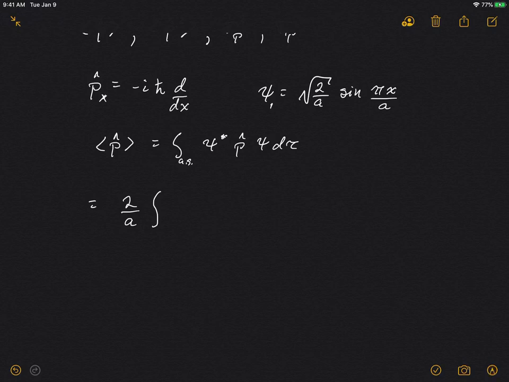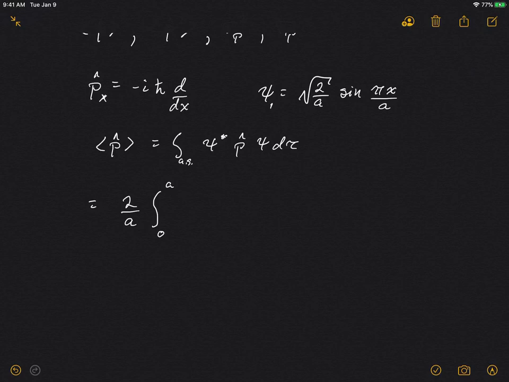And in this case, like in the previous case, all space is actually confined to the box. We had already decided the wave function only has some value between x equals 0 and x equals a, and then it's 0 outside that range, because the particle exists only inside that box and has no probability density outside the box. So this apparent dilemma of what all space means is resolved by just integrating between 0 and a.